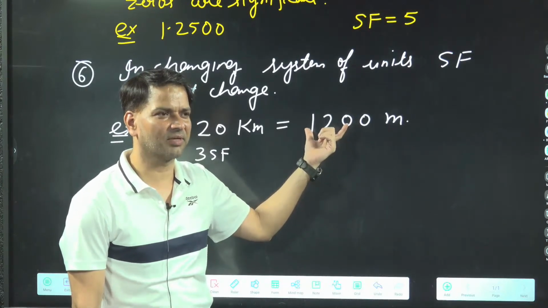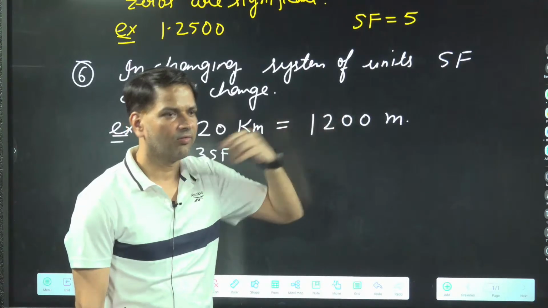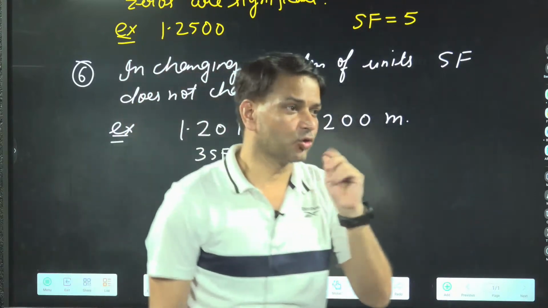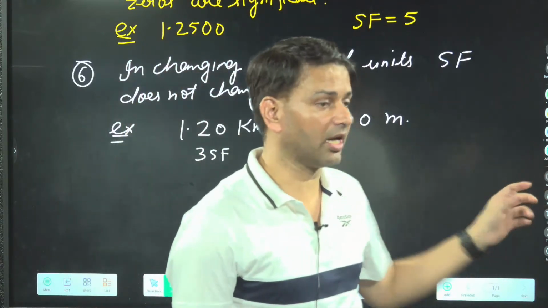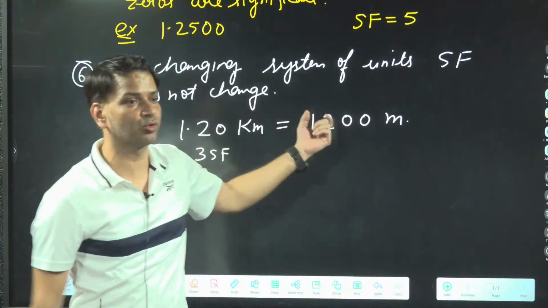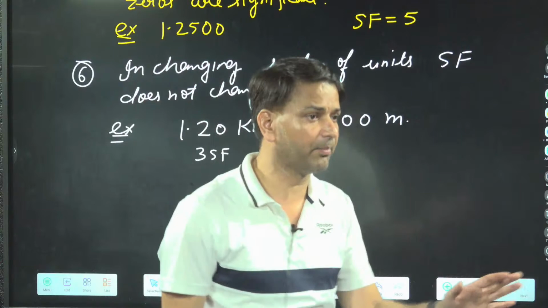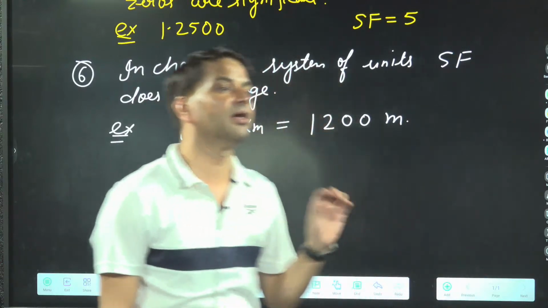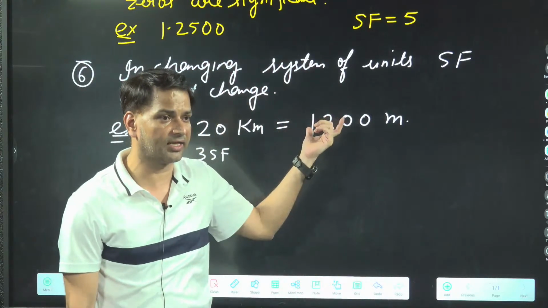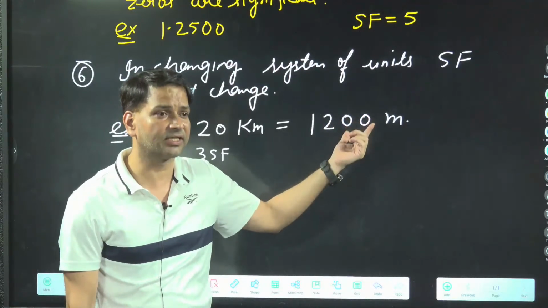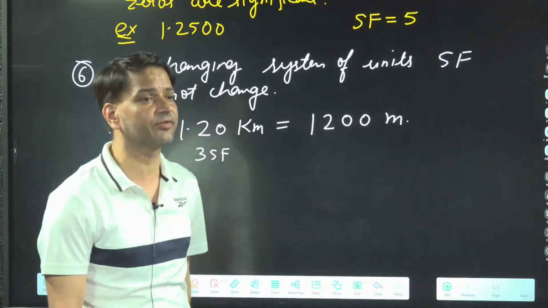Why these options are coming? Why 4? The last 2 zeros are trailing zeros, and trailing zeros are insignificant when the number does not contain a decimal. This number does not contain a decimal, so these zeros will be insignificant. According to that, how many significant figures does it have?